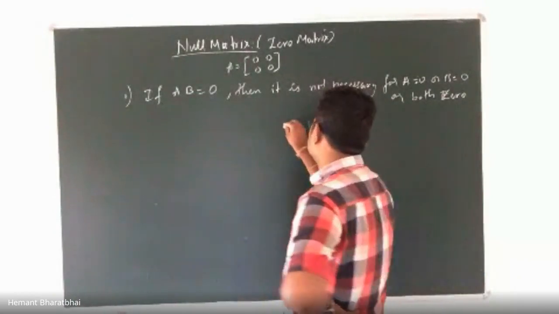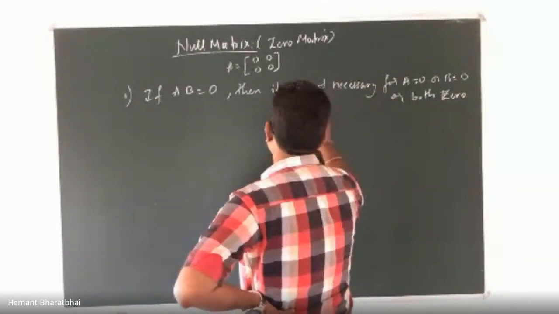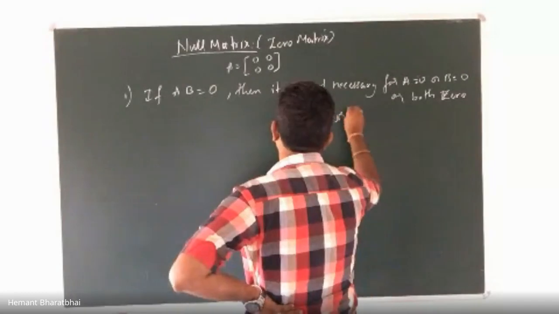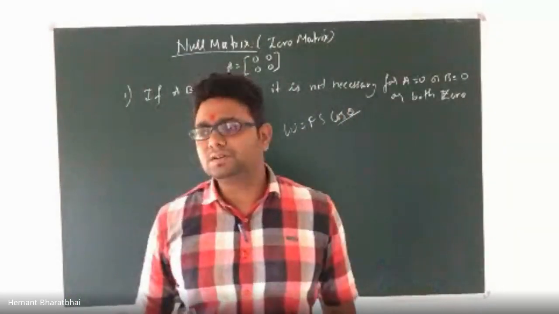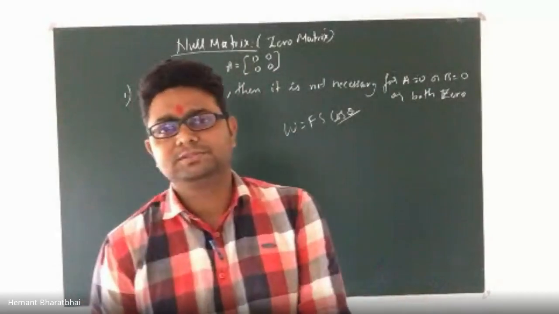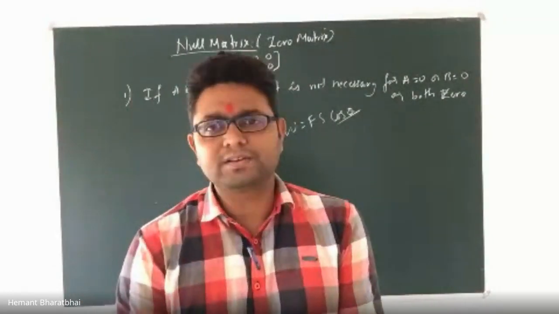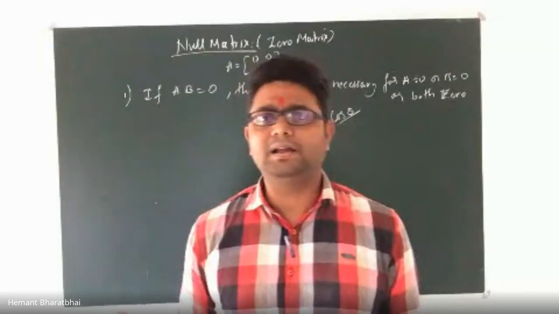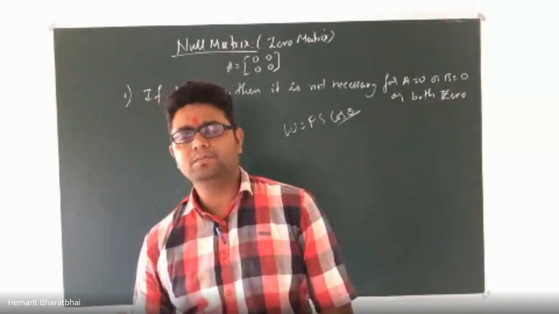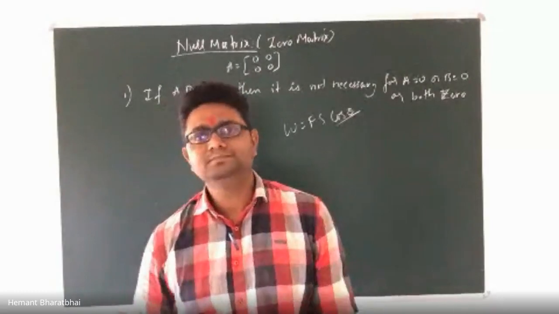Why? Because work done is given as F into d into cos theta. So even if your theta is 90 degrees, then also your work done will be 0. In the case of the satellite and the moon revolving around the earth, or the planets revolving around the sun, the work done over there is 0.